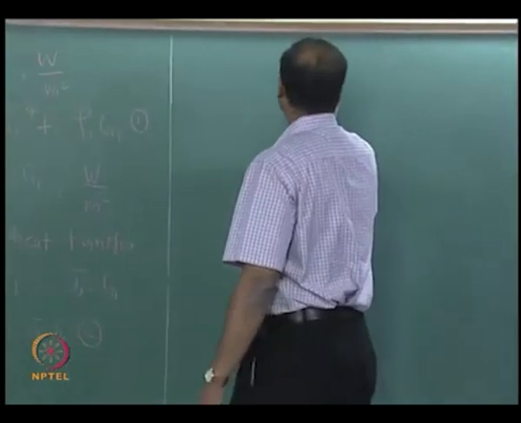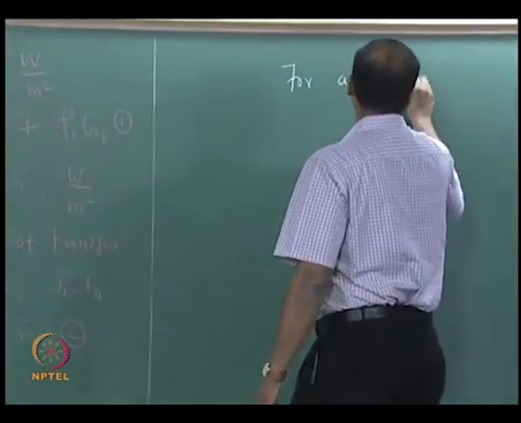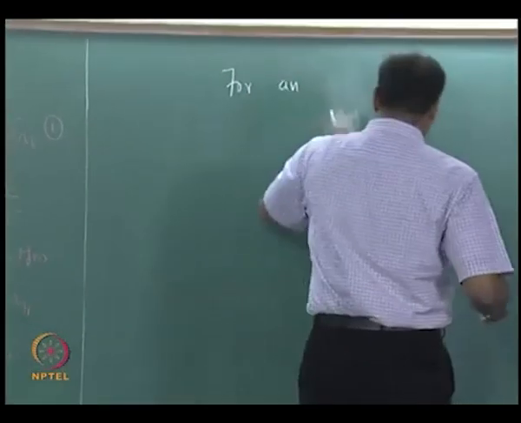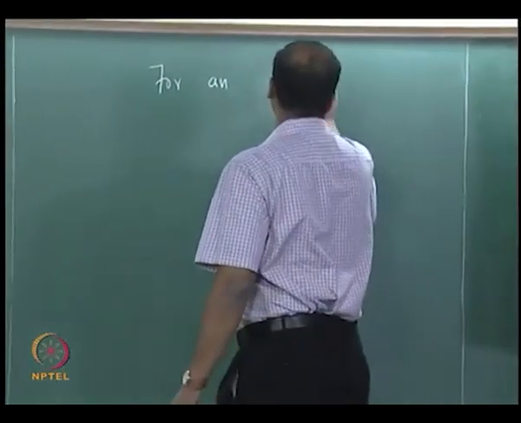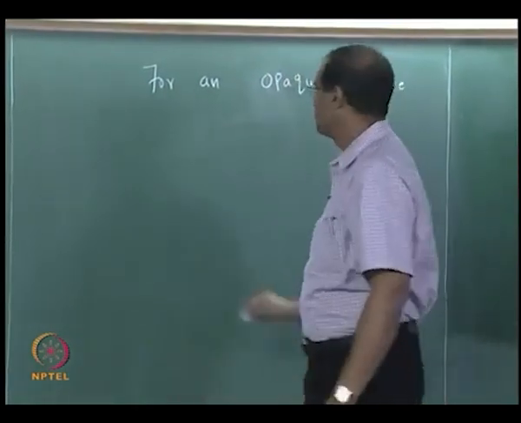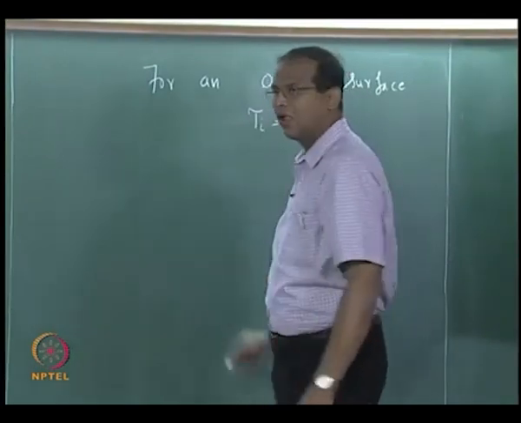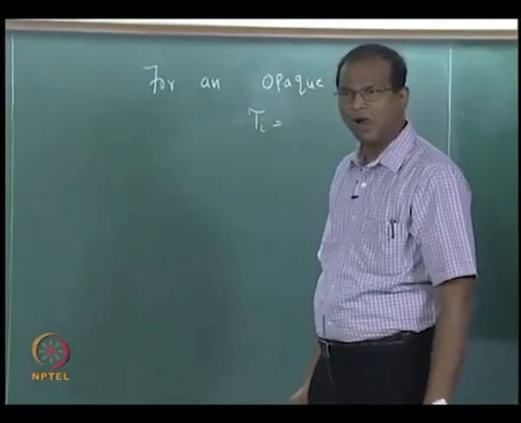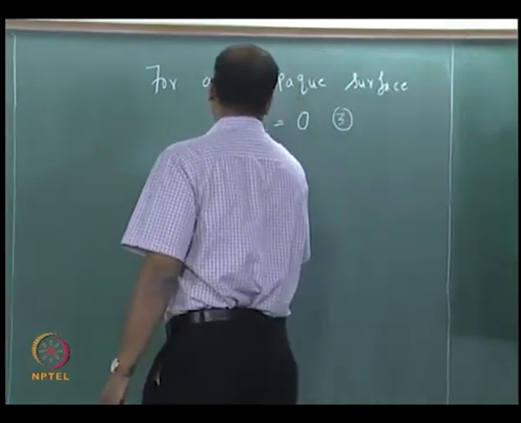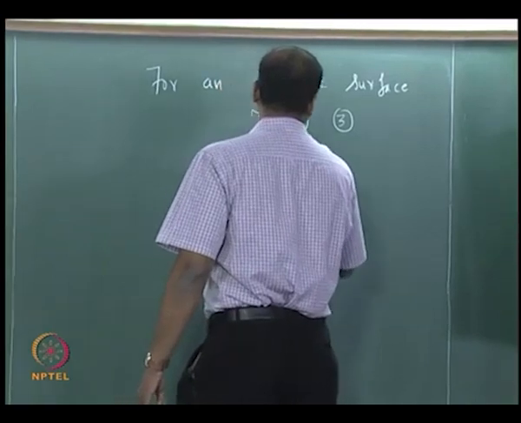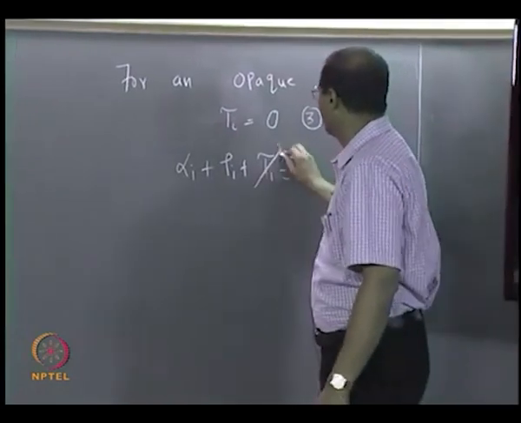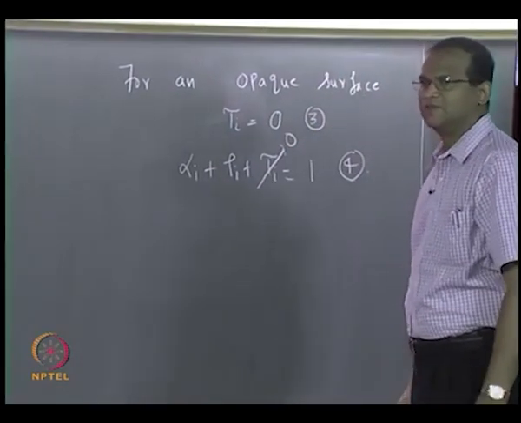Okay, for an opaque surface, tau is 0. Correct, the transmissivity is 0.